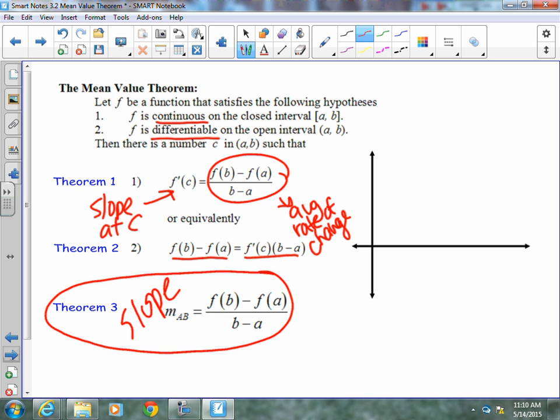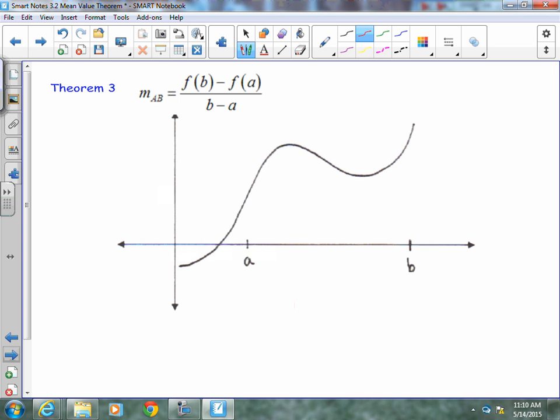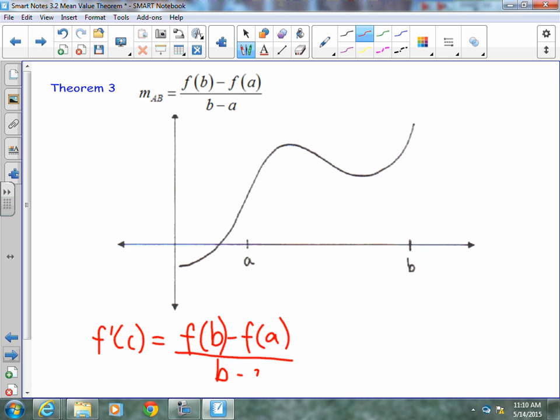So, for example, let's say that we have a graph like this, and we know, here's what the theorem says, f prime of c equals f of b minus f of a all over b minus a. The right side of that equation is the slope of that dashed line I just drew. What they're saying is the slope from the beginning point to the ending point is the same at some other point on the function.